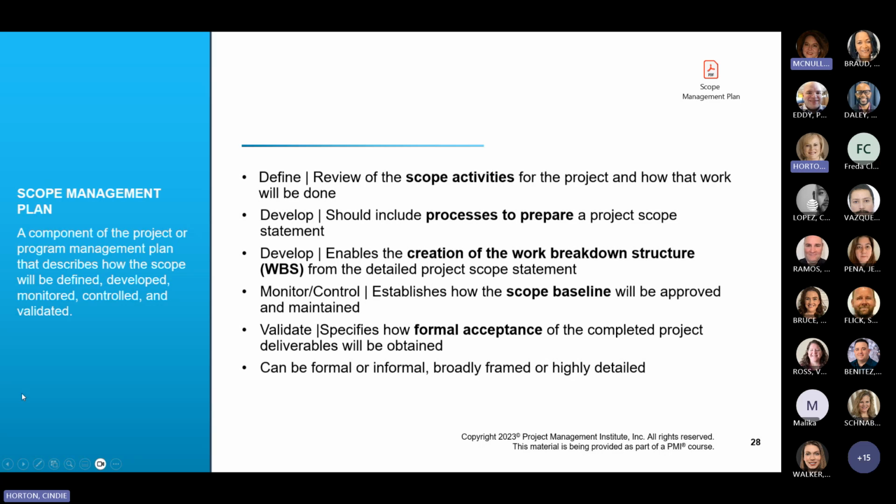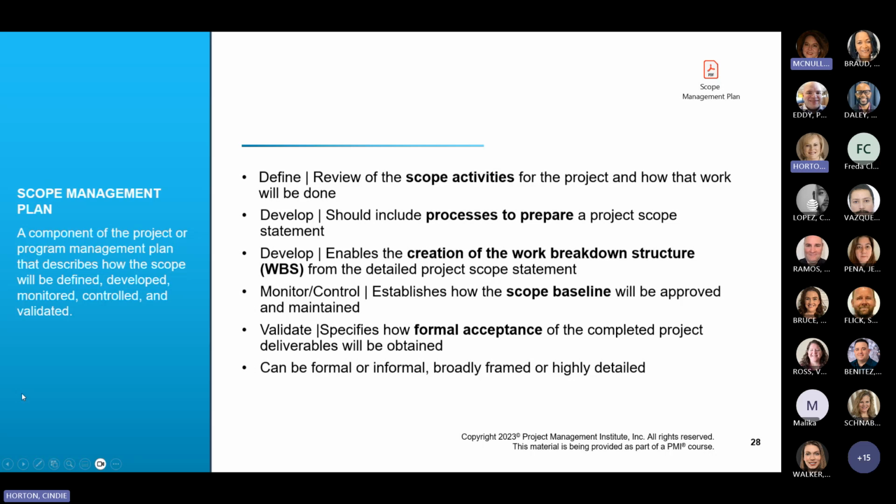For example, your enterprise environmental factors, your organizational process assets, and so forth, that will impact the way the scope is actually developed. The detail included will reflect the approach used to collect and document the scope of the project.